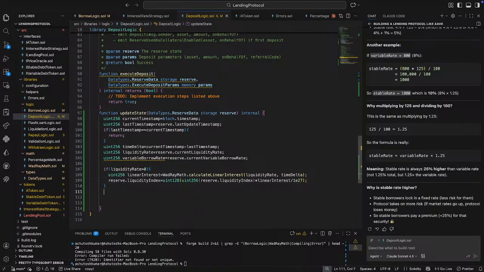Great. So we have updated the liquidity rate, and we also need to update the variable borrow index.